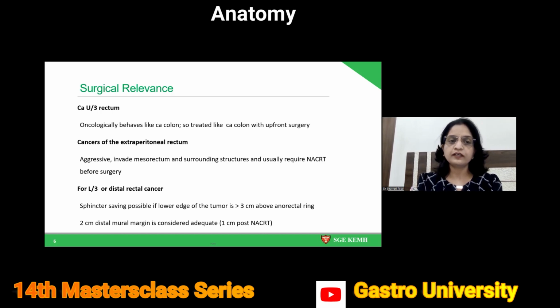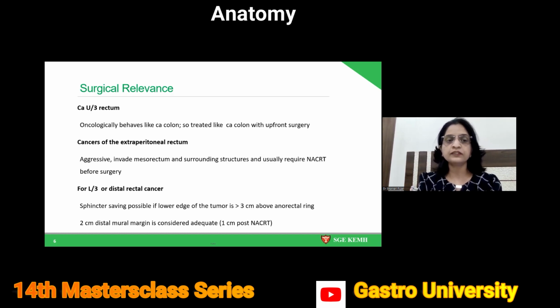For the lower third or the distal most rectal cancers comes the importance of the sphincters of the anal canal, because it is in close proximity to the sphincters. So here sphincter saving becomes an important consideration, and it is possible only if the lower edge of the tumor is more than 3 centimeters above the anorectal ring.